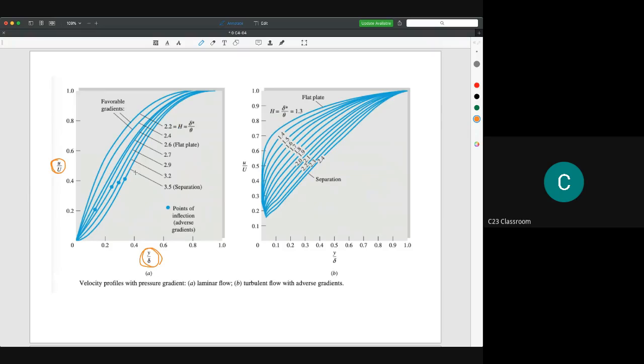And we found that here, at 3.5, the separation starts to occur. This 3.5 is based on observation; based on the experiment, it was found that at 3.5 separation can occur. If you do it for turbulent flow, you will find it is around 2.4. However, this value changes when you have certain modifications on your surface.